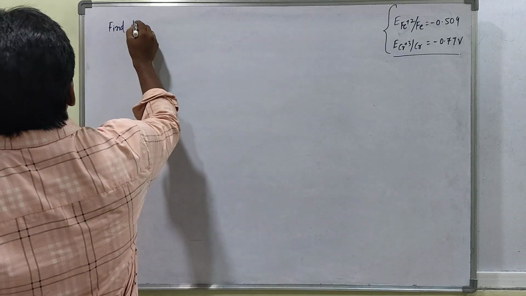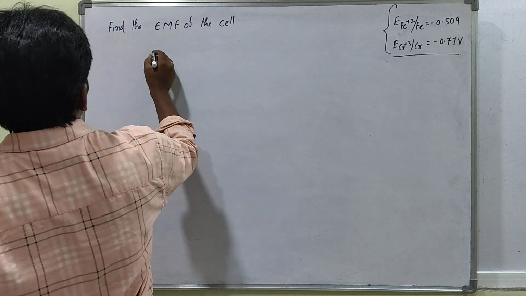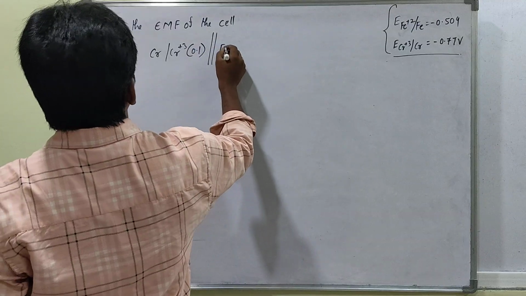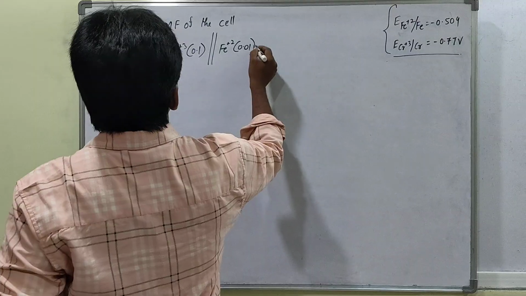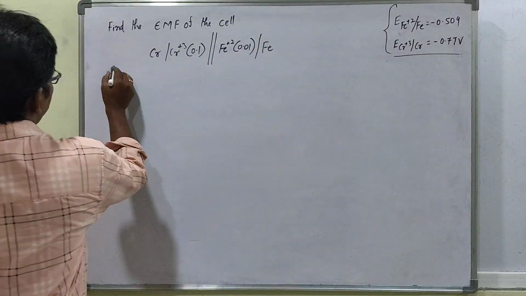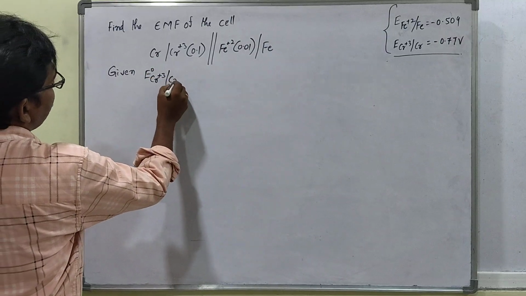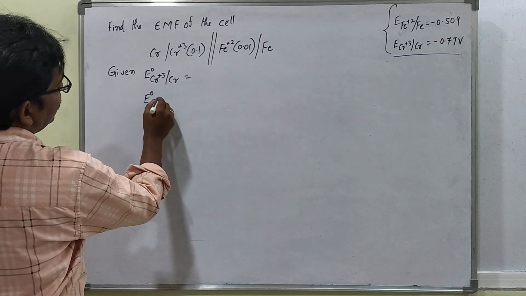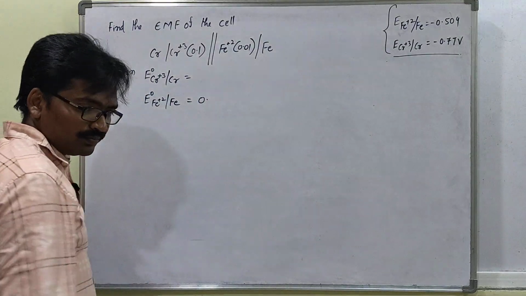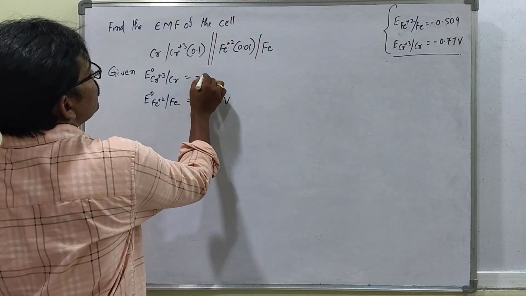The cell is given as Cr, Cr plus 3 at 0.1 molarity, double line, Fe plus 2 at 0.01 molarity, Fe. The given data: E naught of Cr plus 3 to Cr is mentioned, and E naught of Fe plus 2 to Fe is mentioned as minus 0.45 volts, and for Cr minus 0.75 volts.